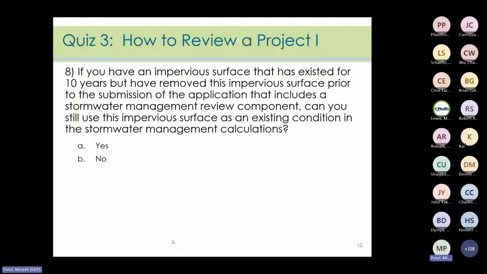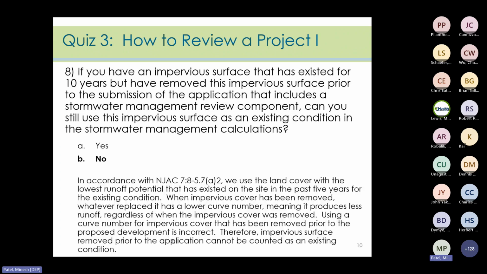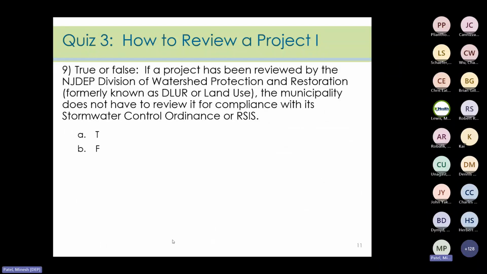Question 8. If you have an impervious surface that has existed for 10 years, but have removed the impervious surface prior to the submission of the application that includes a stormwater management review component, can you still use this impervious surface as an existing condition in the stormwater management calculations? And the answer here is B, you cannot. Question 9, true or false?